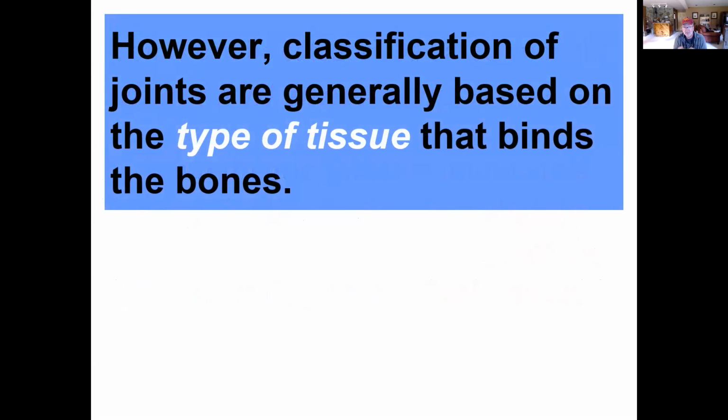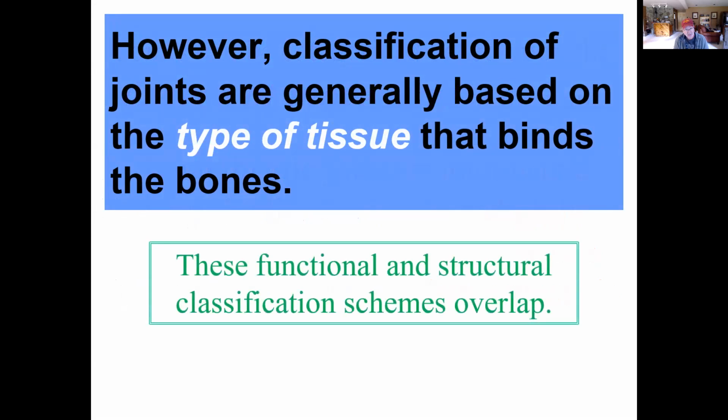What sort of tissue is binding those bones together at that articulation? Okay, so we're going to adopt primarily this anatomic or structural classification, even though we understand, of course, that structure and function do have a lot of overlapping with one another. And you'll begin to see that in just a minute.